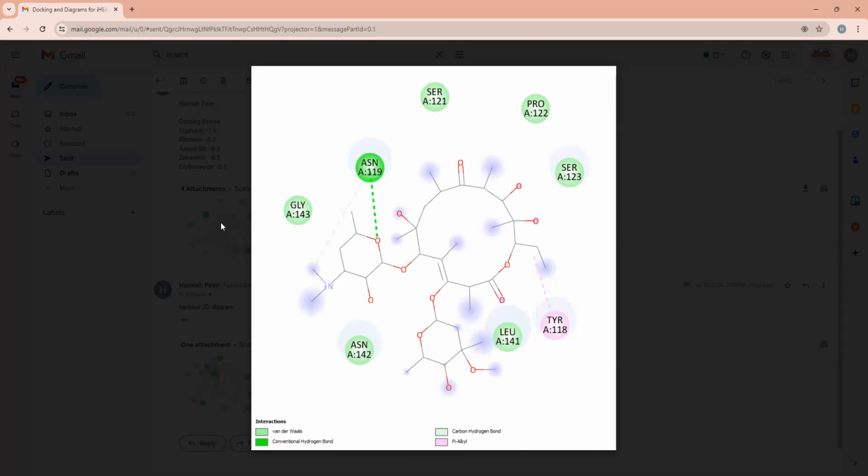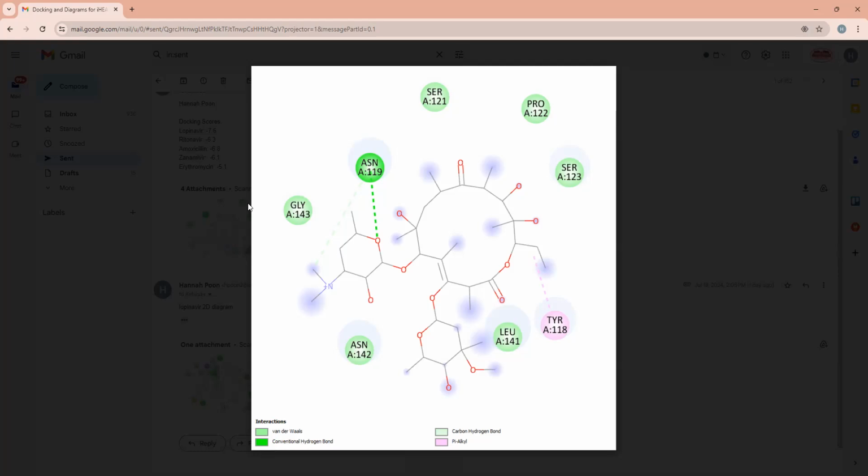No. So it has lower, weaker interactions, and it's not interacting with what science told us: that if our drug can interact with histidine 41 and cysteine 145, it will possibly be a good inhibitor. It is not.